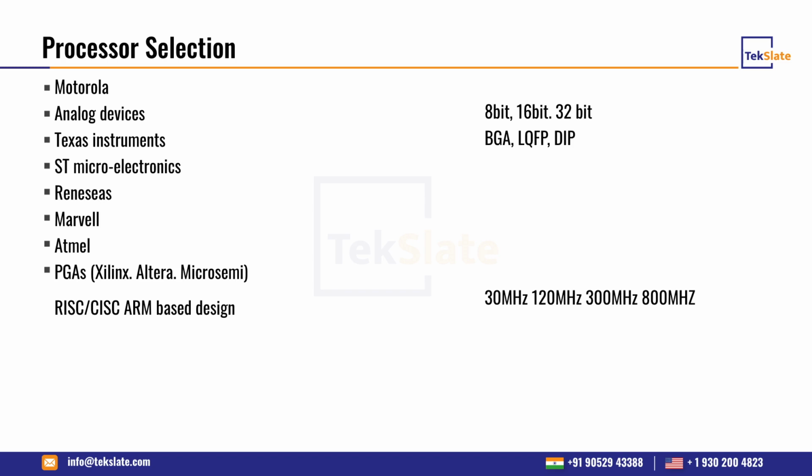Processors may run at different clock speeds, from 30 MHz to 120 MHz, up to high speeds like 800 MHz. So how do you select a processor that suits the application? How do you know what speed is necessary for the application? What interfaces does the processor need? Selecting a processor is like buying a car with so many features and bells and whistles, so it is always a trade-off between different things. There is a session on processor selection.